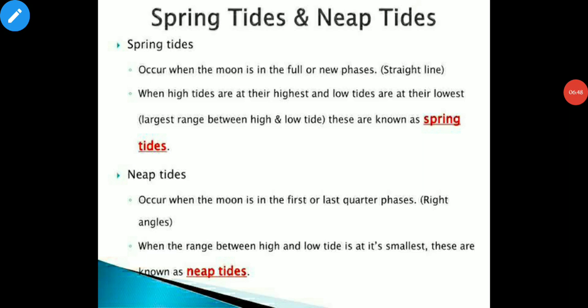While on the half moon day, the sun and the moon make a right angle to the earth. Thus the sun and the moon tend to cancel the gravitational pull of each other. This results in very small high and low tides, and this is called the neap tide.